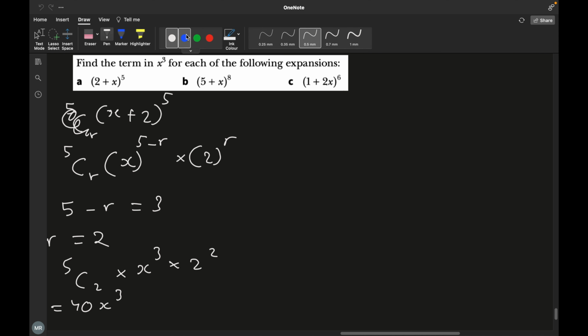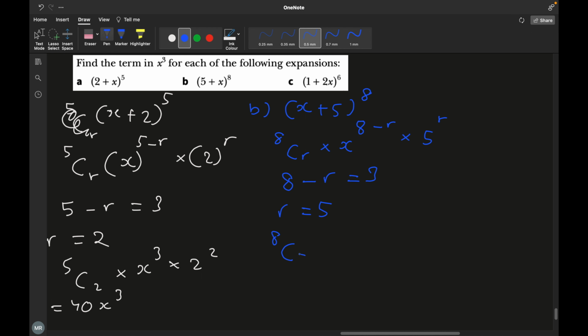And now let's do the same thing for part B. Let's rewrite this again. This is going to be x plus 5 to the power of 8. So it's going to be 8CR multiplied by x to the power of 8 minus r into 5 to the power of r. We know that the power of x is 3, so we set 8 minus r to 3, and r will be 5.